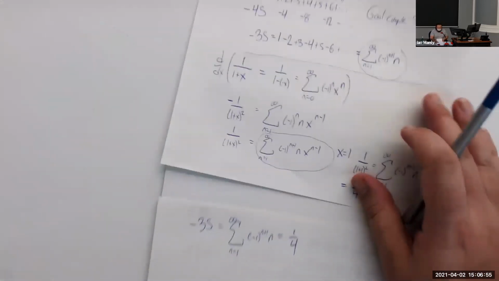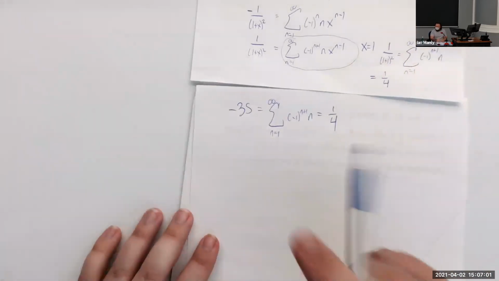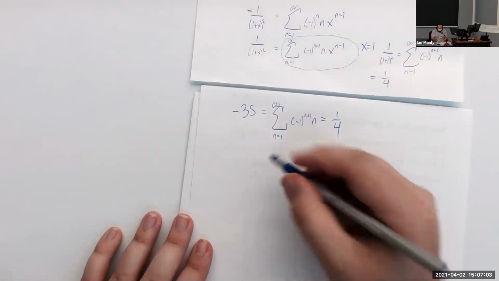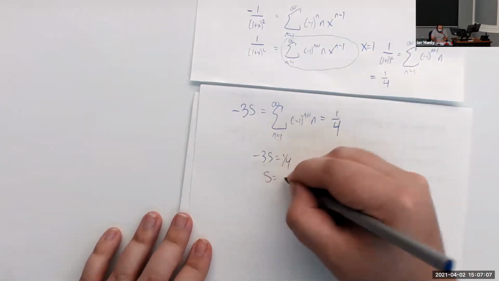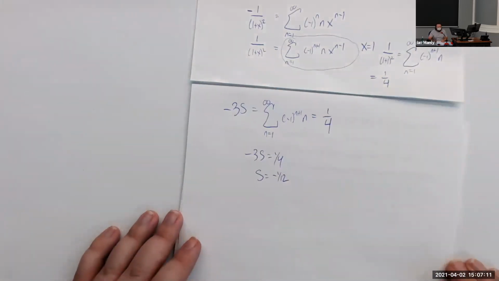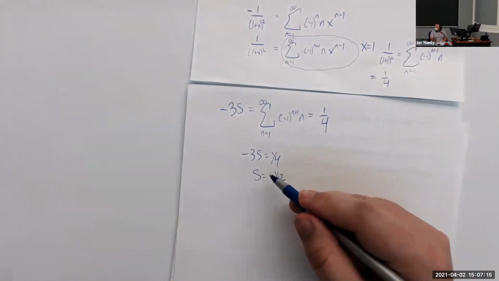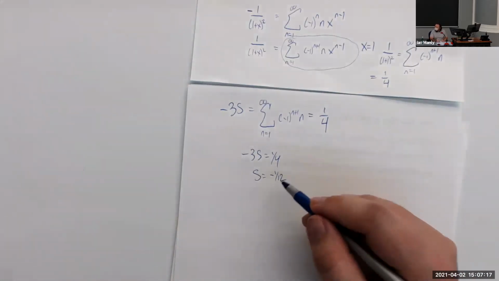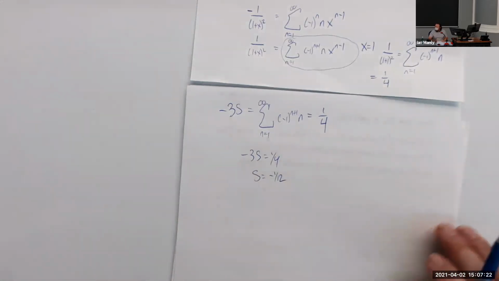So now I have a very simple equation for s. I have negative 3s is 1/4. So if I divide by 3, I get that s ends up being negative 1/12. And that's where all of this comes from. That's why people say the sum of the whole numbers is going to end up being negative 1/12. And so there's a proof of it.